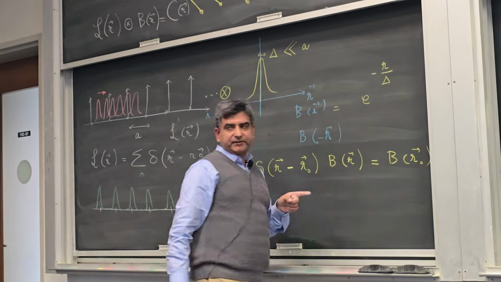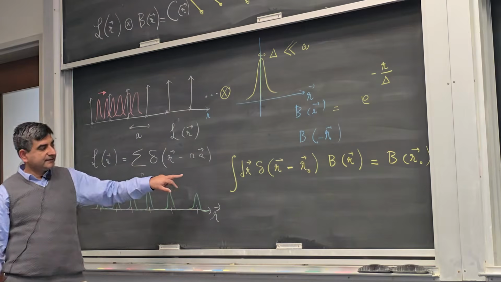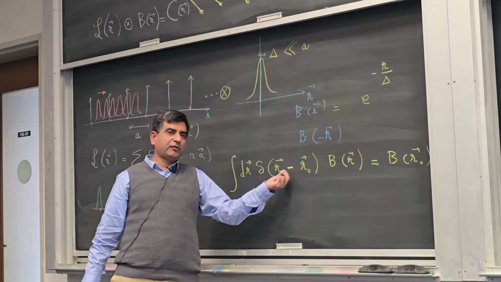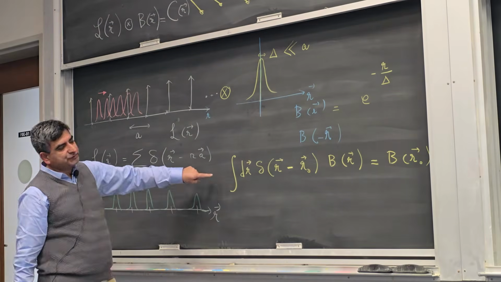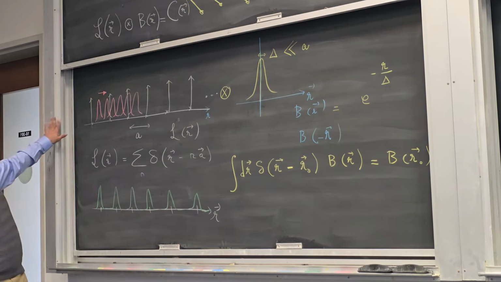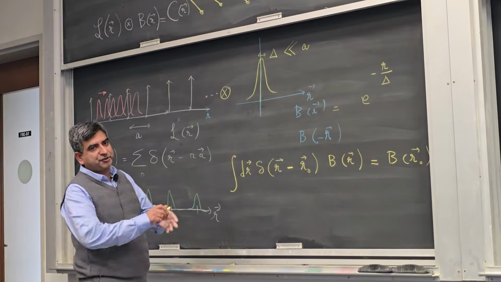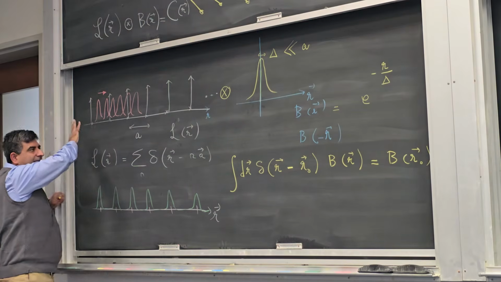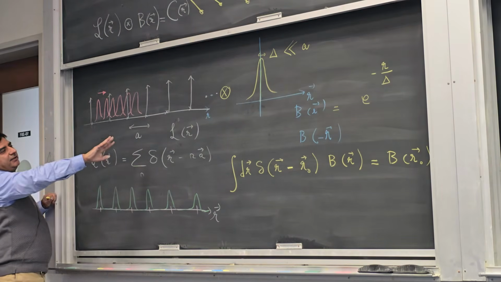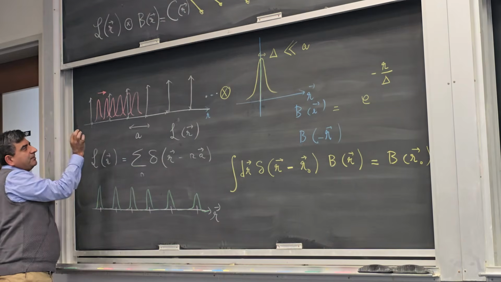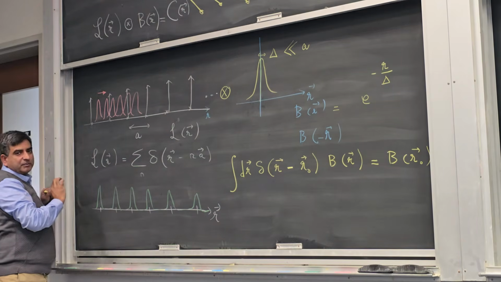This is called the sampling theorem. I am sampling this function at a particular value of R. So I use this property to achieve this result. I am sweeping the Gaussian function. This is like a comb, and this comb is filtering the function that is being swept, and it's picking up points on this Gaussian function one by one.